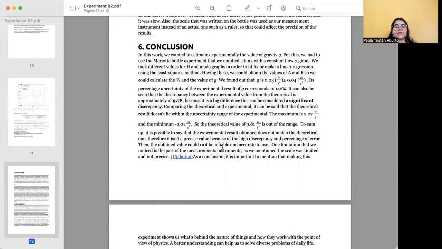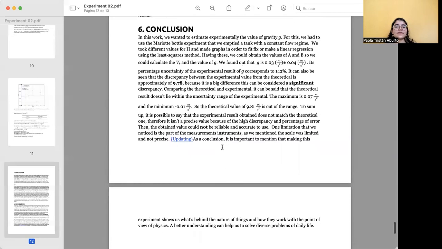142%. Then it can also be seen that the discrepancy between the experimental value and the theoretical one, 9.78, is approximately that much. And because it is a big difference, it can be considered a really significant discrepancy.